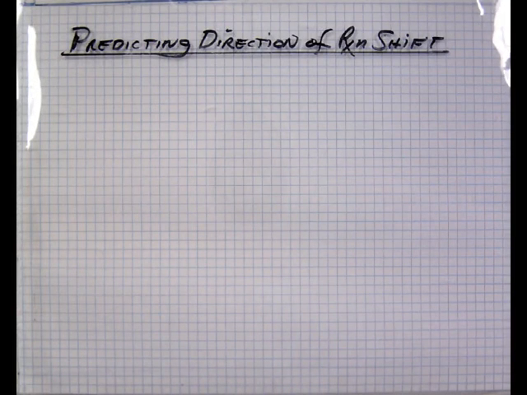Okay. This one is given some data, and you plug it into the expressions. How does that expression tell you which way a reaction will shift?